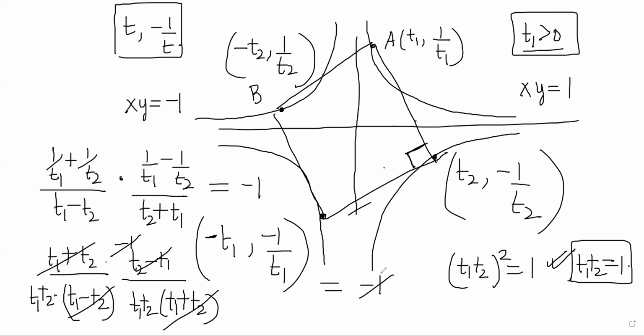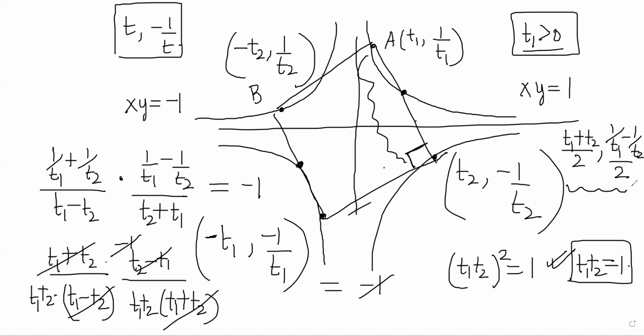Okay. Now, we also are given in the question that the midpoints of all the sides also lie on the same curve. So the midpoint here would be what? The midpoint here would be (t1 plus t2) by 2, comma (1 by t1 minus 1 by t2) by 2, right?